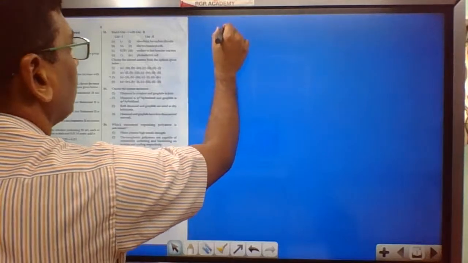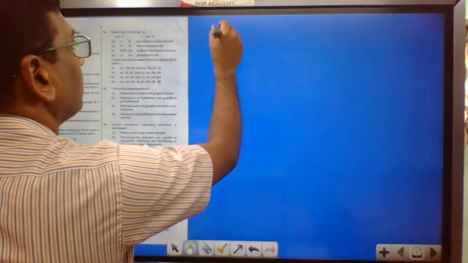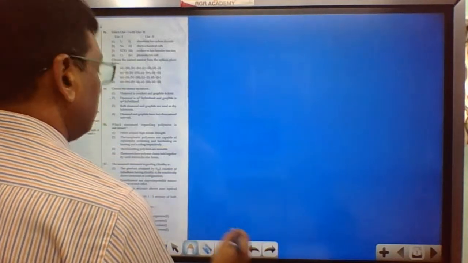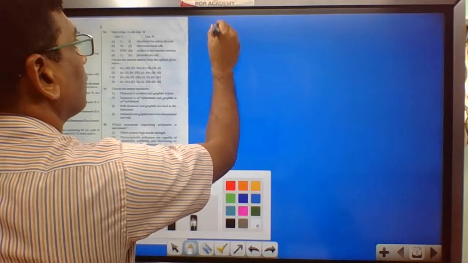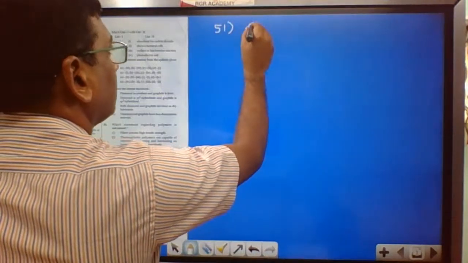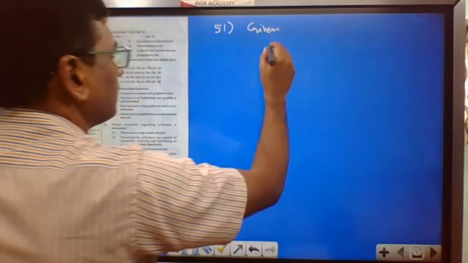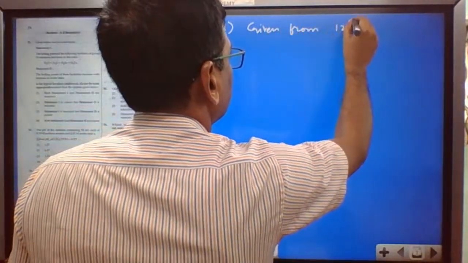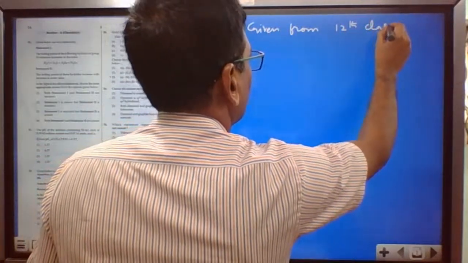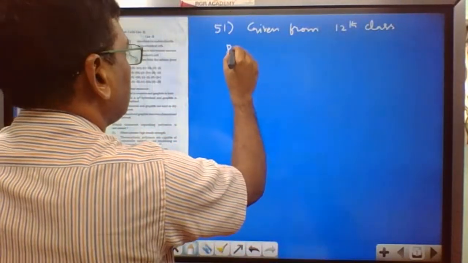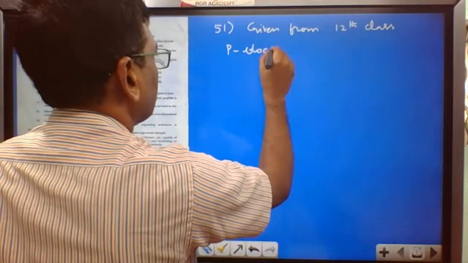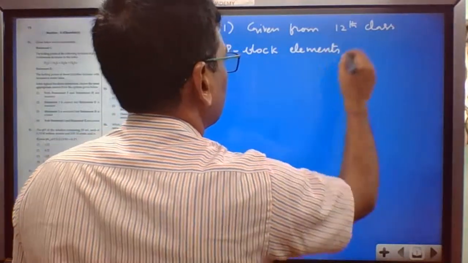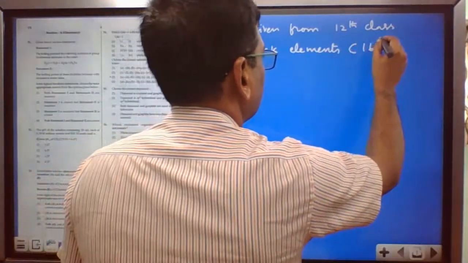Question number 51 is given from 12th class P block elements, in that 16th group.